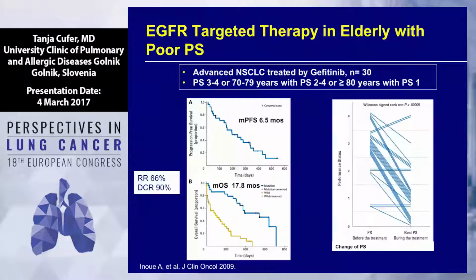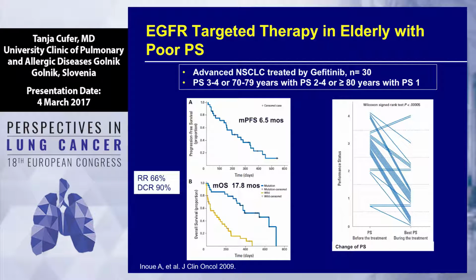I think it's much more important to look at this data. Although this trial has been conducted in only 30 patients, it is very illustrative. It's the beauty of the targeted therapy. On the right side, you can see the beauty of the real targeted therapy. For lung cancer, for a long time, we didn't have a very effective therapy. That's the problem. And here is the beauty. Even in elderly, even in performance status 3 or 4.